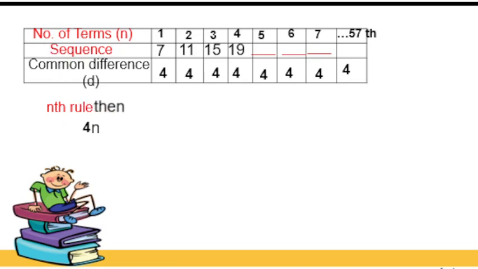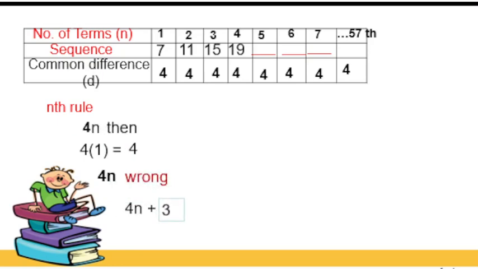Just to show you, 4 times 1 is equal to 4, so that is wrong. Therefore, the 4n must be added by a constant number. What do you think is the constant number for us to get 7? So let's add: 4n plus 3.